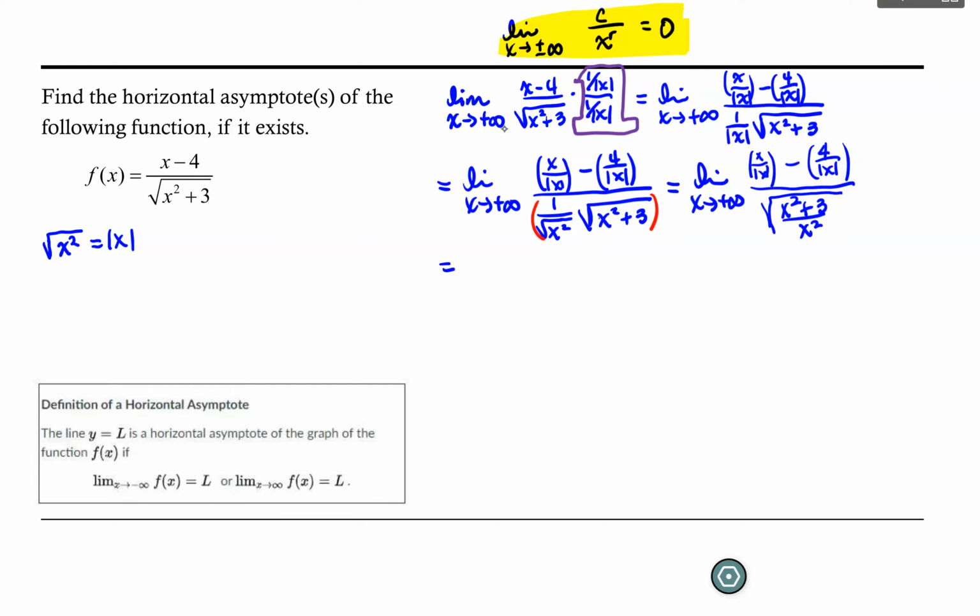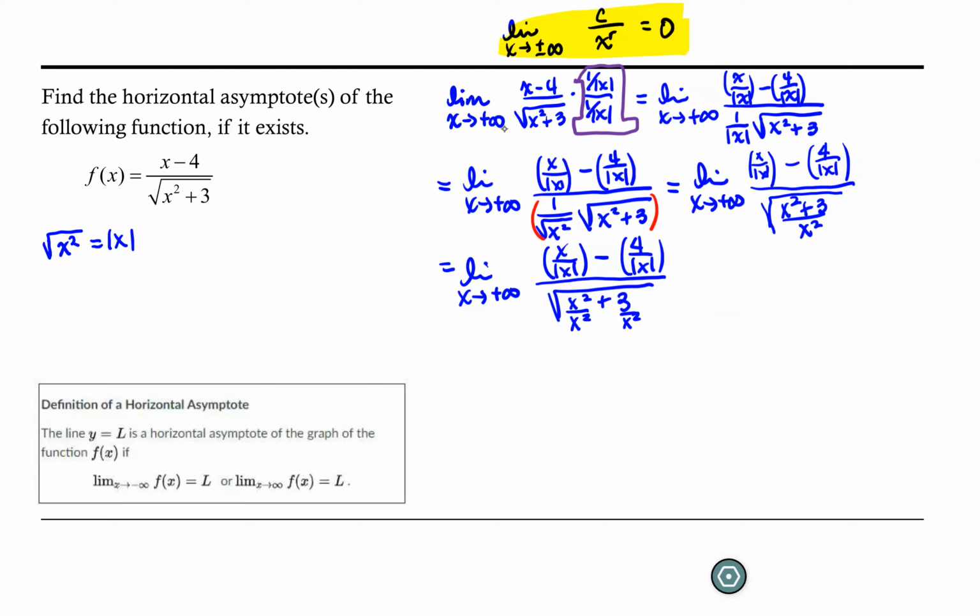Continuing to simplify, we get the limit as x approaches positive infinity. We still have x over the absolute value of x in our numerator minus 4 over the absolute value of x. And in our denominator, we can now write that as the square root of x squared over x squared plus 3 over x squared.